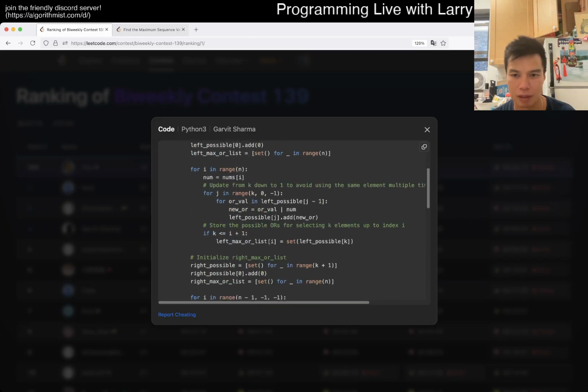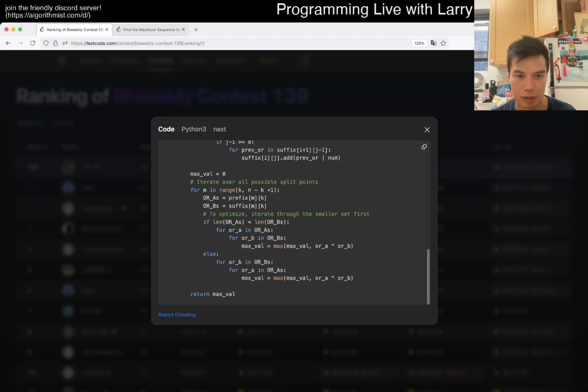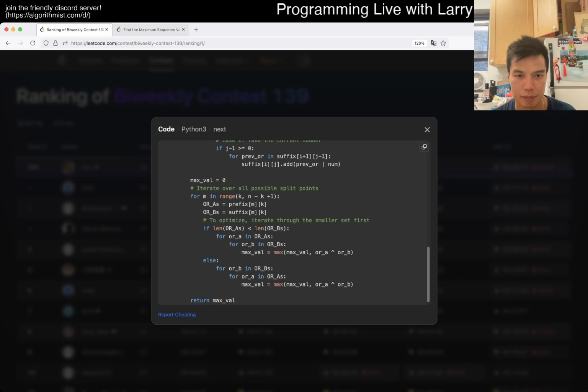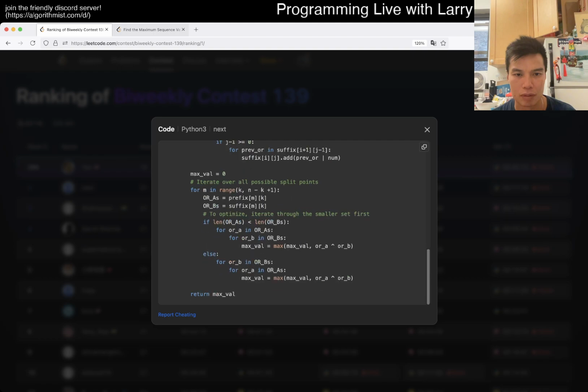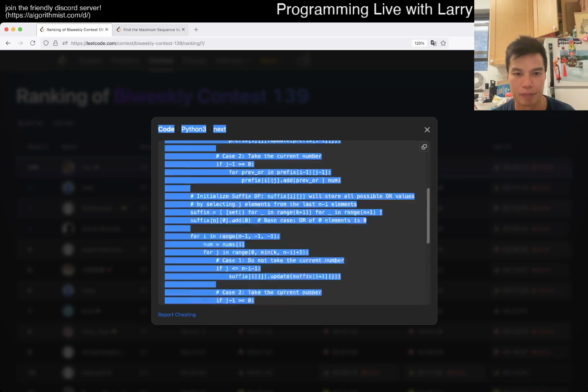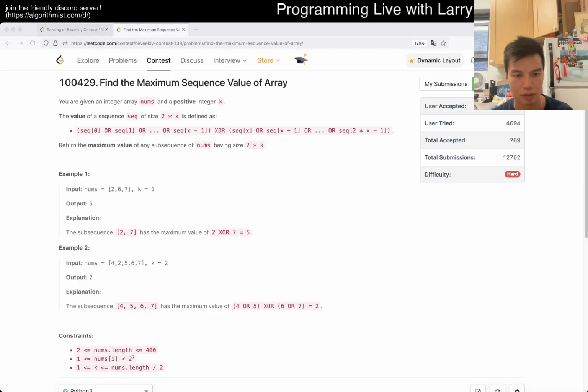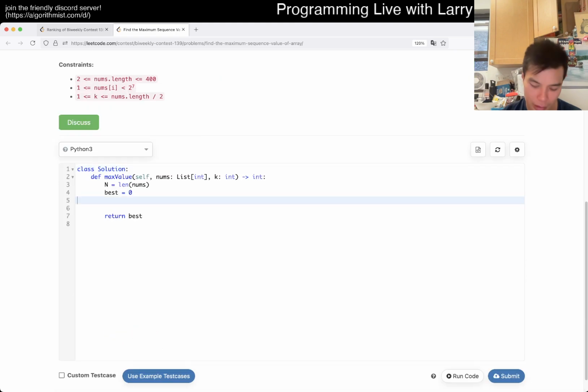Why is that fast enough? I guess so, but let's actually. I really thought it wasn't going to be fast enough, honestly.